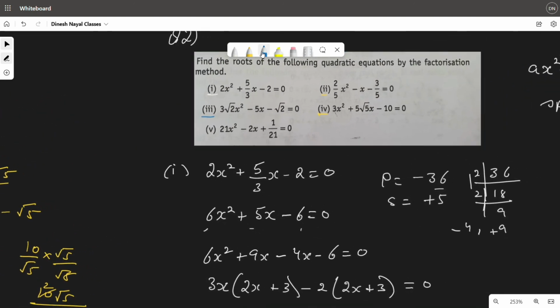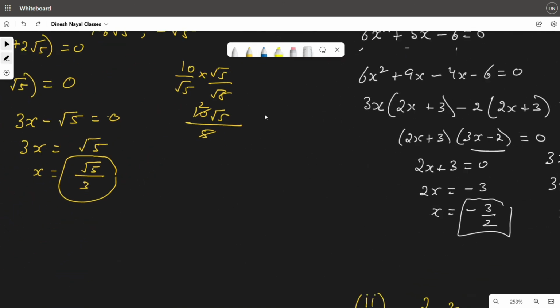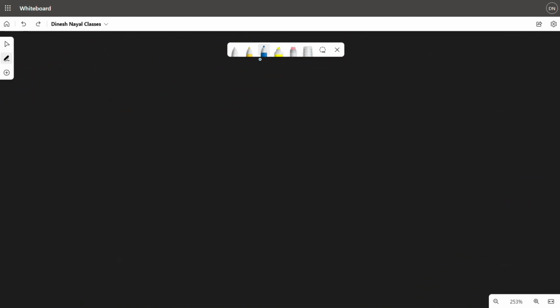Now the fifth part is 21x square minus 2x plus 1 by 21 equals 0. Sorry for this. Now doing the last part over here. So writing the fifth part, 21x square minus 2x plus 1 by 21 equals 0.